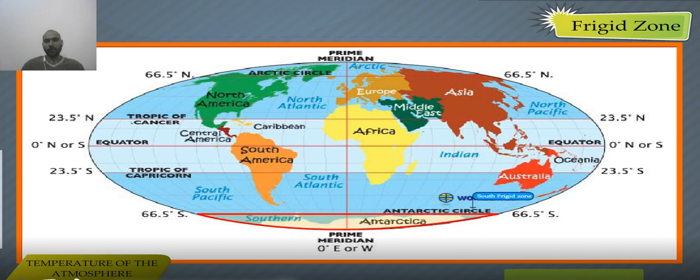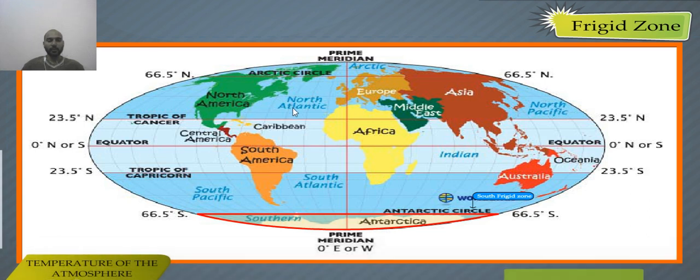So as we know, sun rays have different angles of inclination when they reach the surface of Earth. So every part of the planet does not receive the same amount of heat from the sun. On the basis of heat received, the Earth is divided into three parts, that is torrid zone.